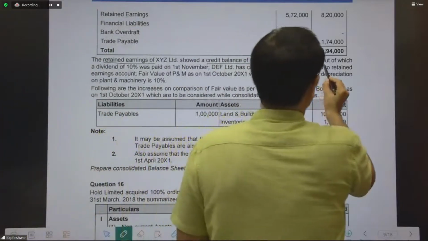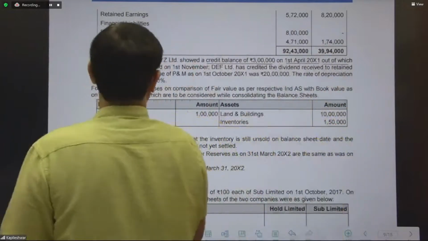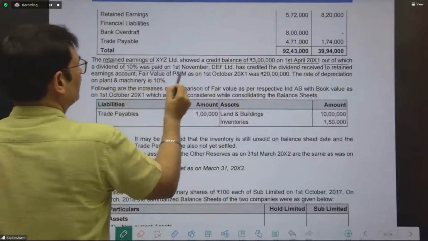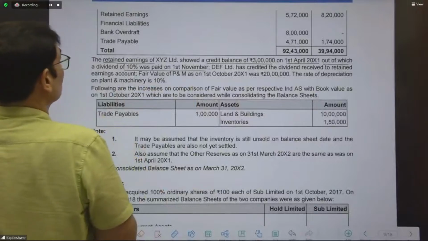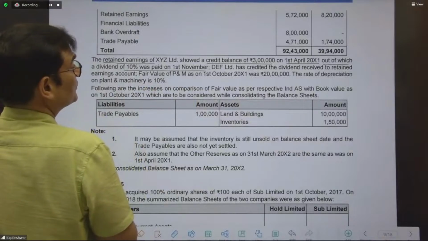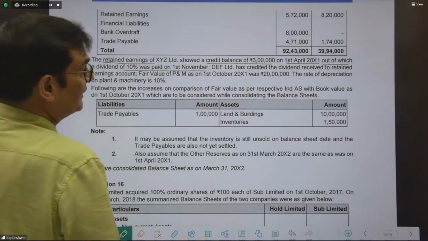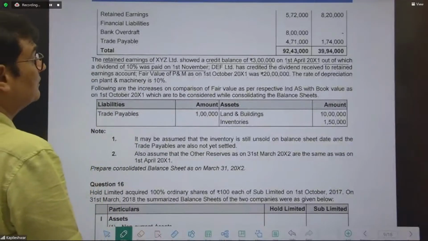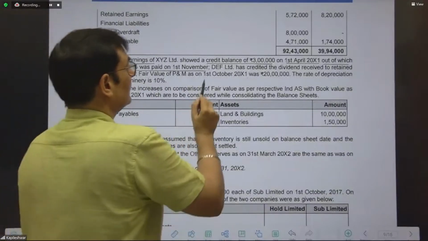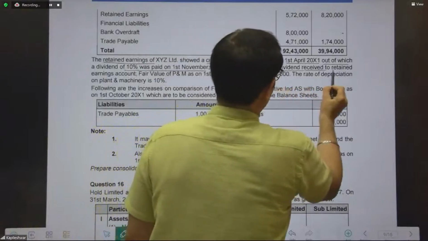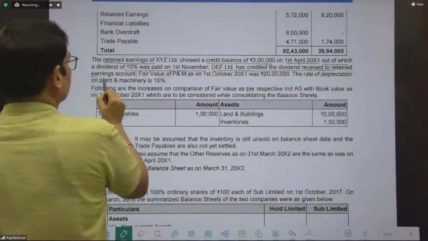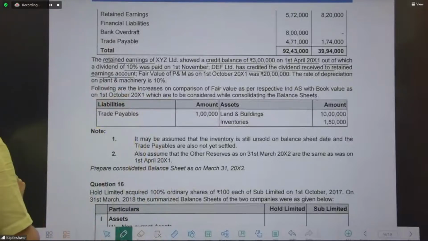It says out of which a dividend of 10% is paid on 1st November. So the balance at the beginning of the year was 3 lakhs in the RE, retained earnings, out of which a 10% dividend is paid by the subsidiary. The parent company credited the dividend received to the retained earnings account, so that is a correct treatment.